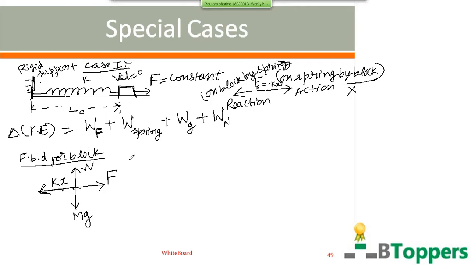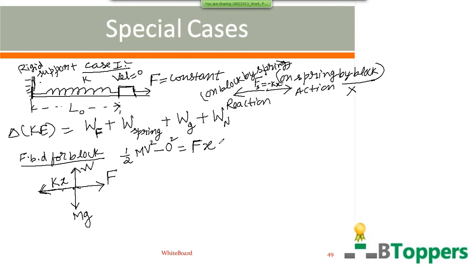So change in the kinetic energy of the block is equal to the final kinetic energy of the block after the block has moved by distance x from the initial position, where the spring has natural length L0. Initial kinetic energy of the block is 0 at the initial position shown in the figure at the beginning. Work done by the constant force, when the force acts in the direction of the displacement, is equal to the product of magnitude of force and magnitude of the displacement.